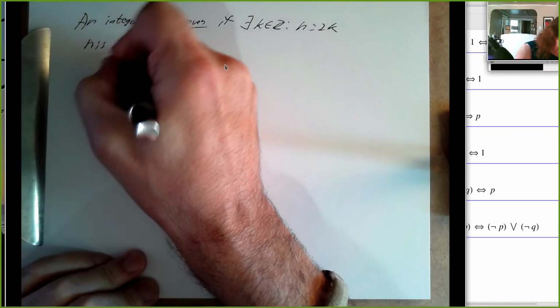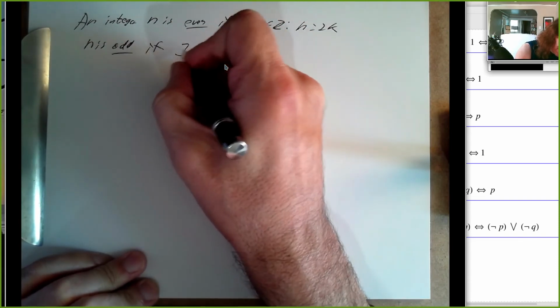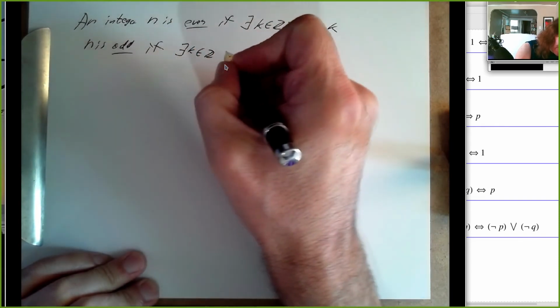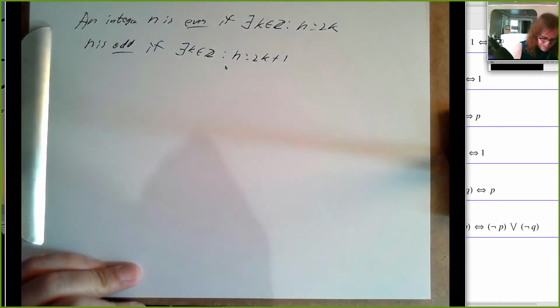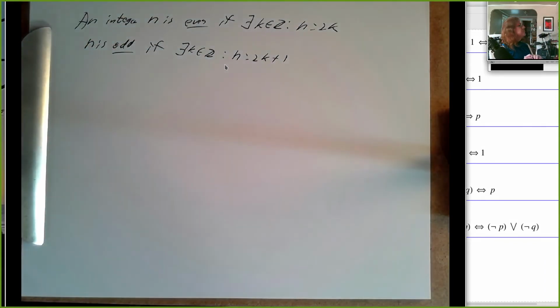All right, n is odd if there exists a k in Z, an integer k, such that n equals 2 times k plus 1. So 10 is not odd because we cannot write 10 as 2 times an integer plus 1. But 11 we can write in that way. 11 is 2 times 5 plus 1. So 11 is odd.